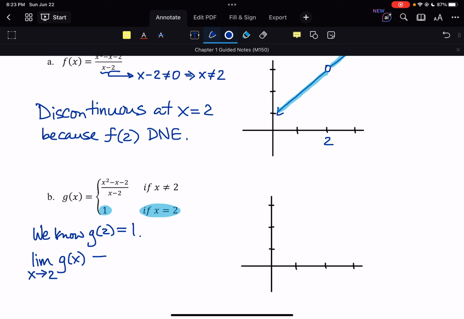of g of x? So we take the limit, and because we are approaching 2, we're not at 2, we're going to use this function. Okay, so we're going to use the one for x not equal to 2.